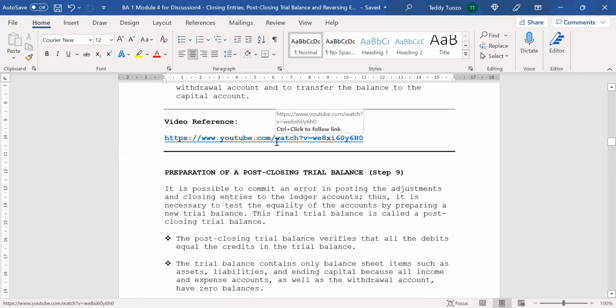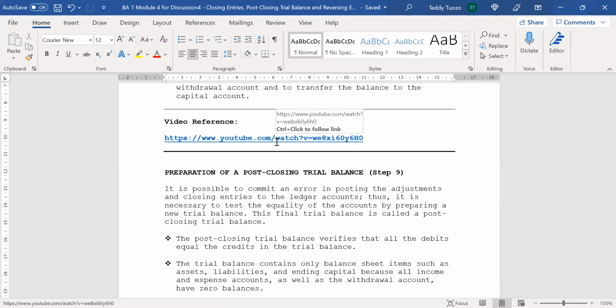For example, class, in the worksheet that we prepared, or the adjusted trial balance, it contains assets, liabilities, capital, withdrawal, income summary, income accounts, and expense accounts.